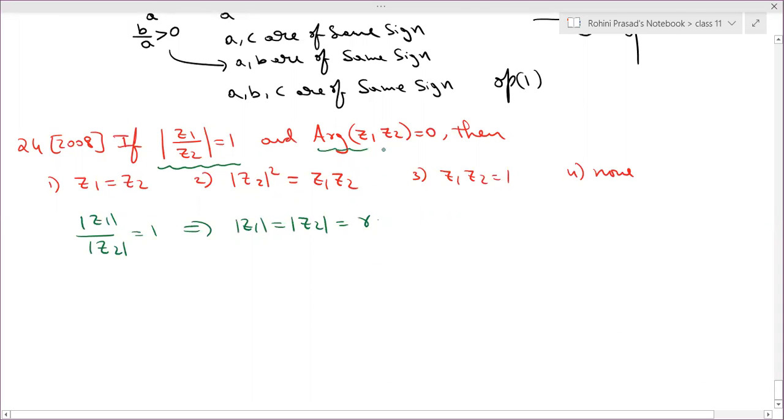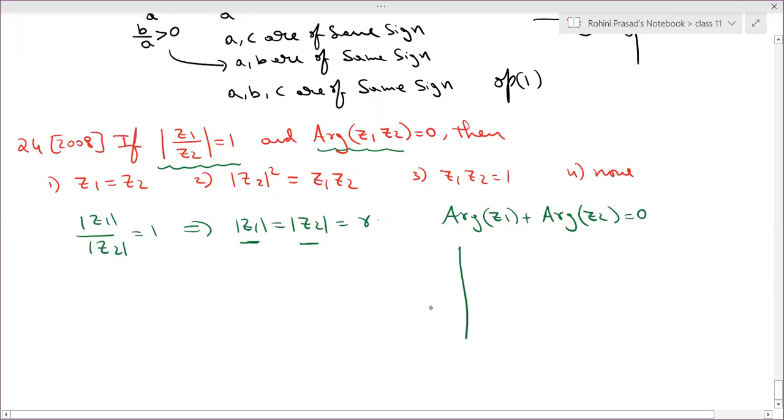Then what is the relation between them? You can infer this information: argument of Z1 plus argument of Z2 equal to 0. That means one is the negative of another. So their magnitudes are same, and one argument is the negative of another.